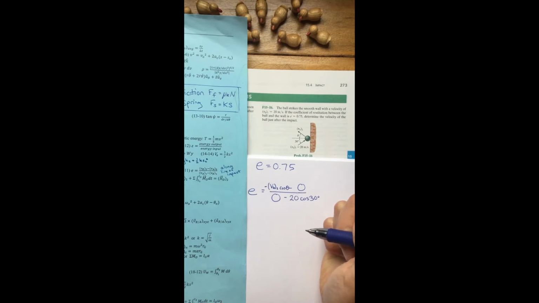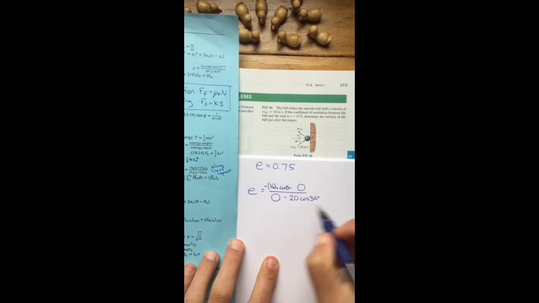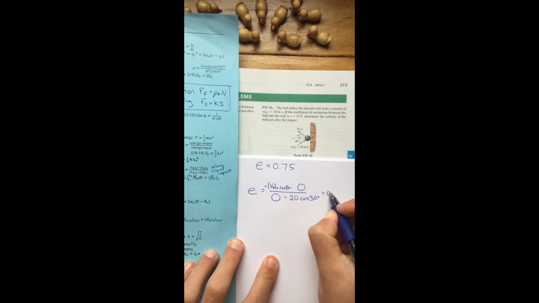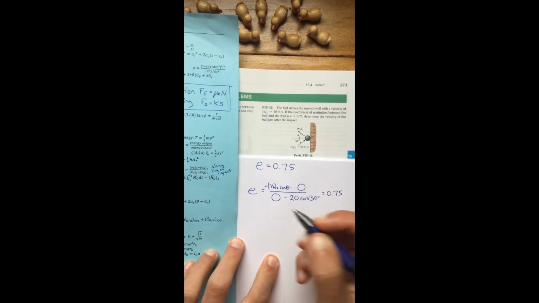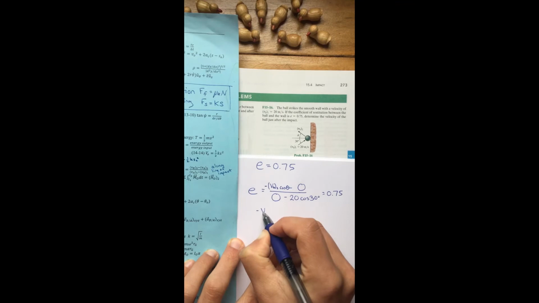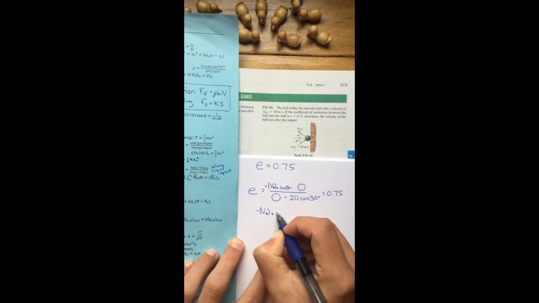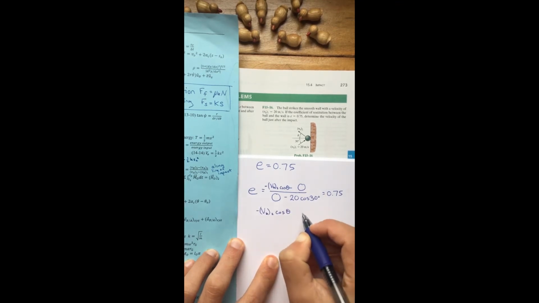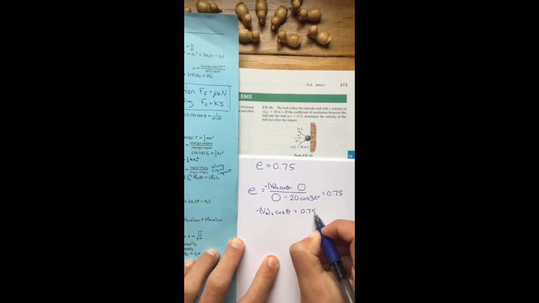Okay, so I know the coefficient of restitution is equal to 0.75, so now I can say minus VB2 times cosine theta is equal to 0.75 times negative 20 times cosine of 30 degrees.